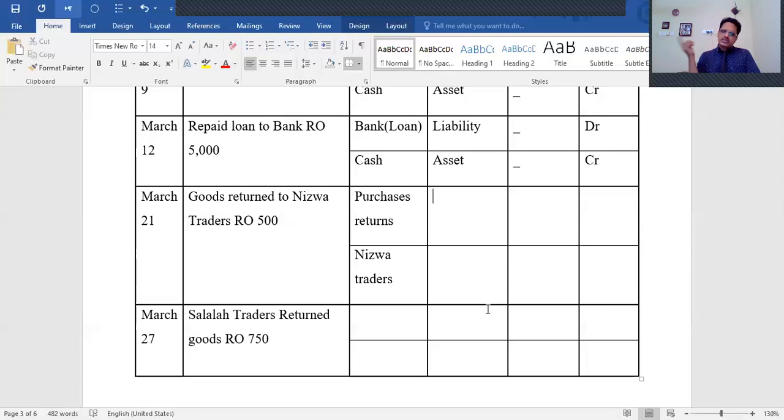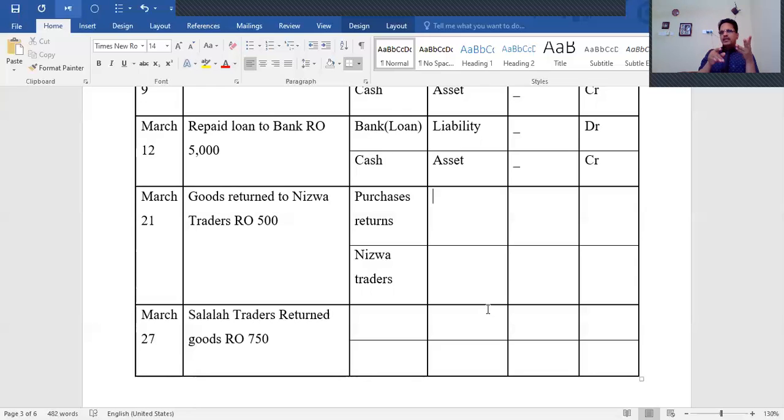Nizwa traders, we discussed yesterday: when you buy goods on credit from someone, it is your supplier, the person to whom the business owes. It is also called sundry creditors or bills payable. Sorry, accounts payable. Bills payable is also almost the same.